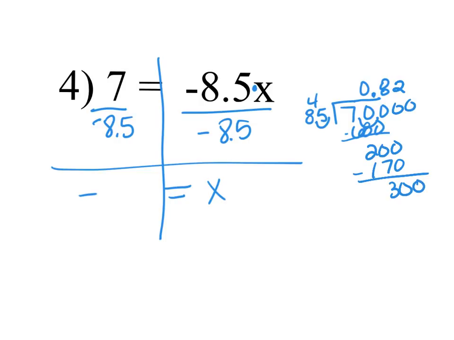Could go in here 3 times. And it could keep on going, but we're going to round to the nearest hundredth. So this is the tenth spot. I'm going to look back. It's 4 or less, so I'm going to stay at 0.82.